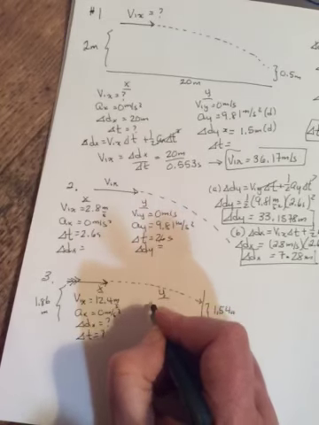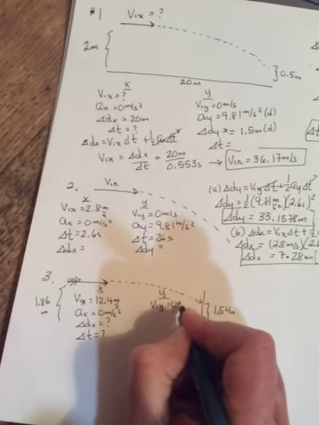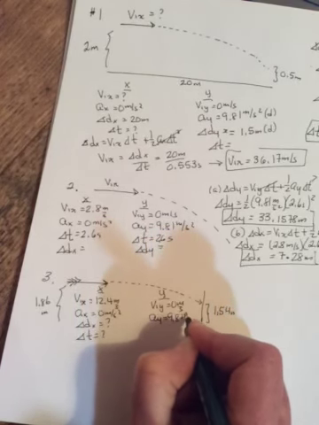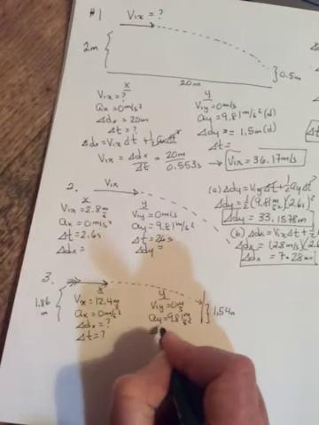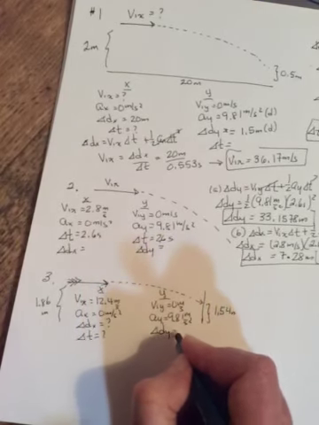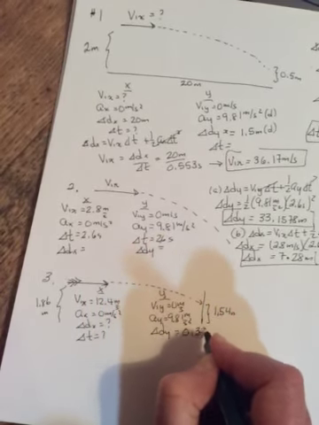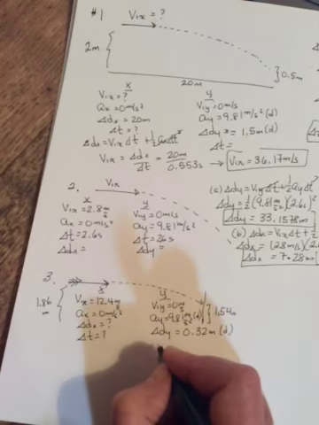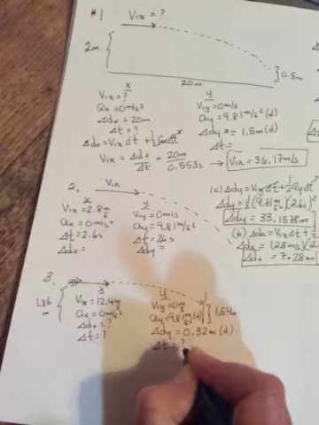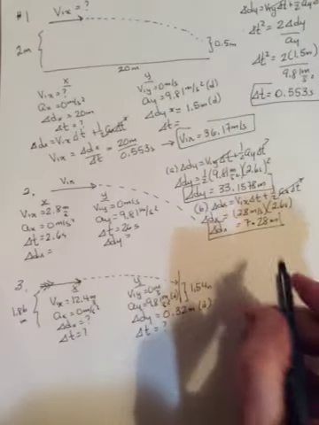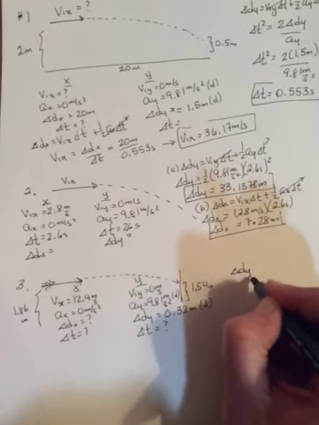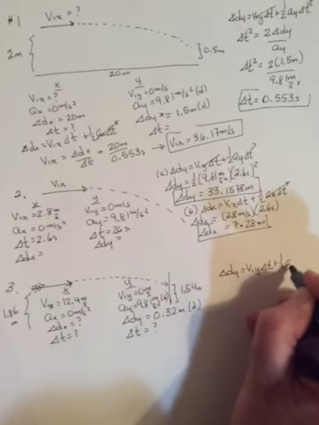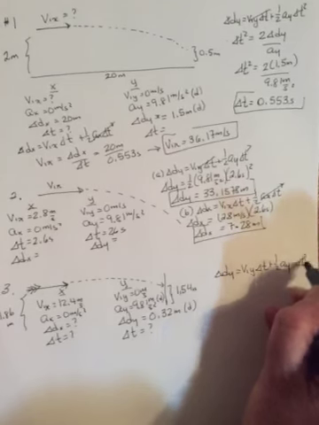In the y direction, VIY is 0. AY is 9.81 meters per second squared. And our delta dy, we have to subtract these two, and we get 0.32 meters when we do. And everything's going down, so down can be positive, and we don't know delta t. So again, you're going to start in the y direction. So delta dy is equal to VIY delta t plus 1/2 AY delta t squared.